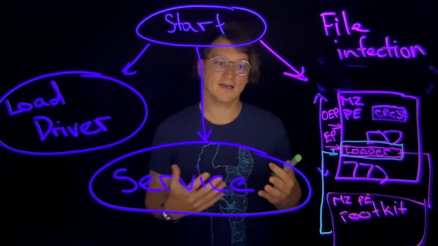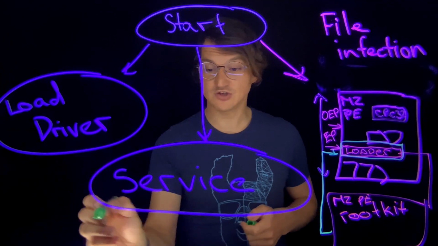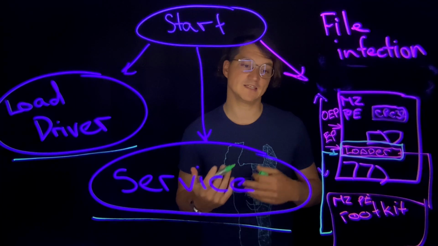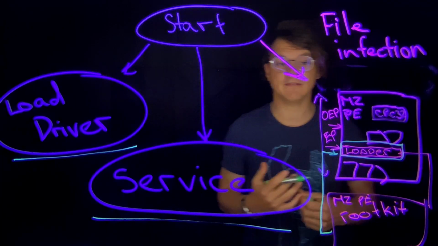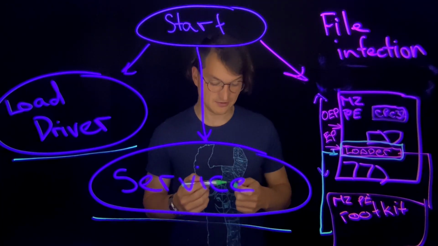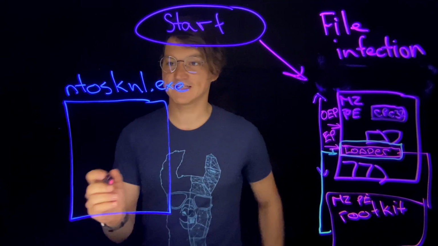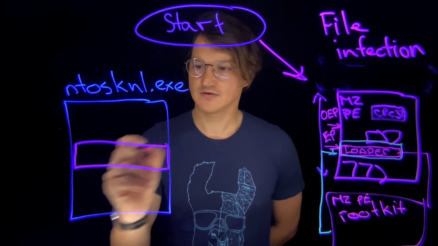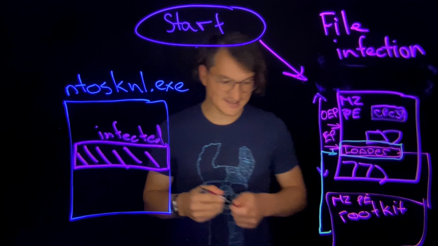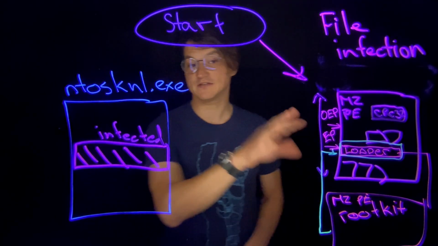In this way, the rootkit driver would not need to create a service. It would not do an explicit load of the driver. Instead, it would just need to infect an existing driver and just wait until the system is rebooted, so this rootkit is loaded. Another advantage of this method is that a malicious rootkit could infect ntoskrnl.exe. And in this case, the malicious code would execute even before any other drivers are loaded.